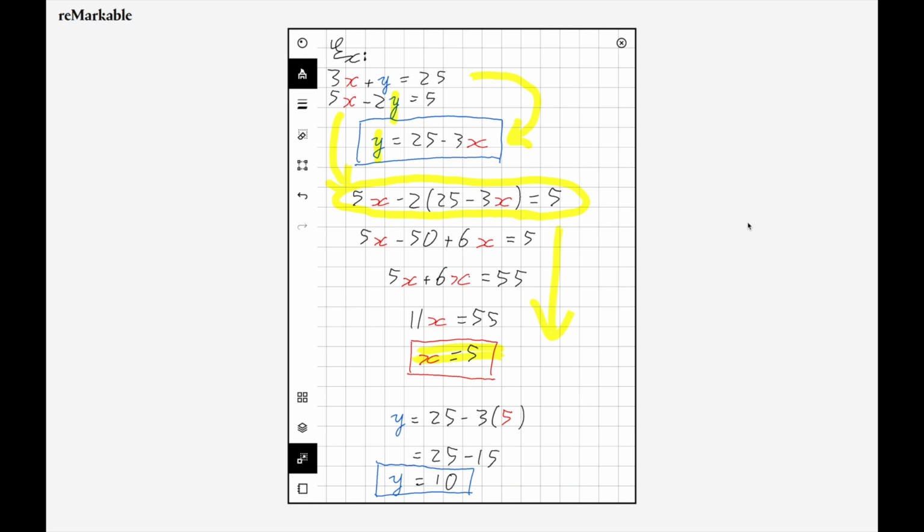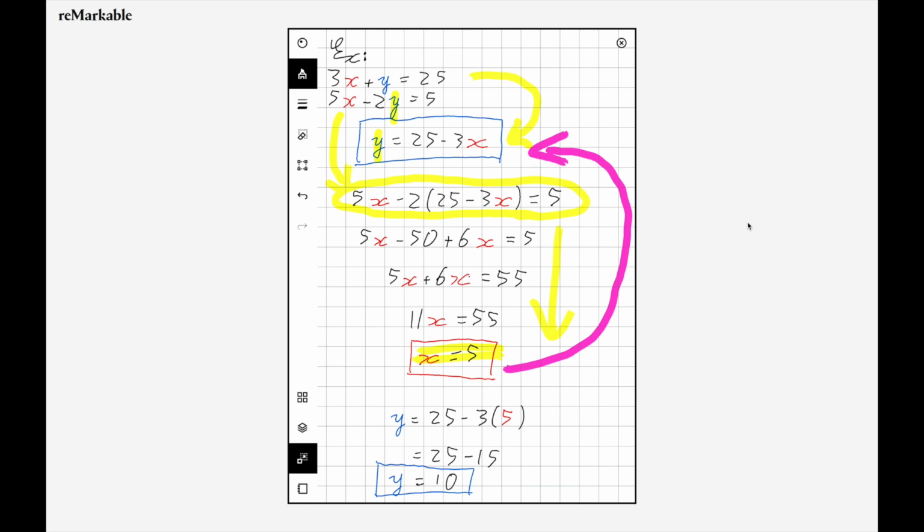Once we have this number, once we have the value of x, we can go back and plug in this value into our expression of y in terms of x. Since all we needed to solve for what y is in this expression is the value of x.